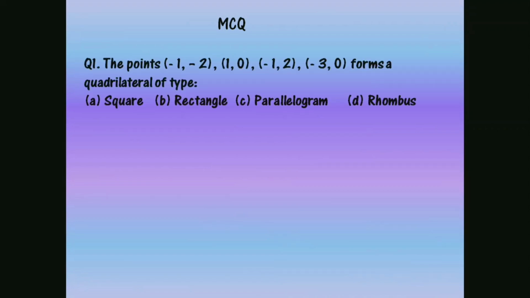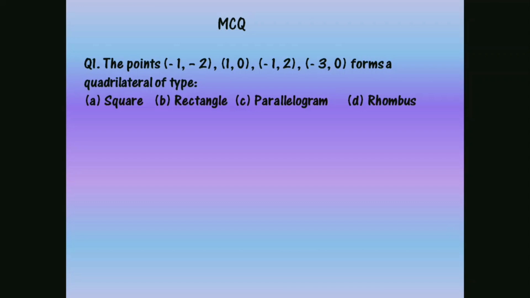Now we are going to discuss the questions based on the topic. Question number 1. The points (-1, -2), (1, 0), (-1, 2), (-3, 0) form a quadrilateral of type. The options are given: square, rectangle, parallelogram, rhombus.